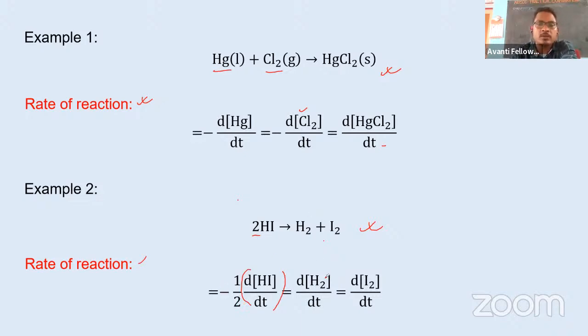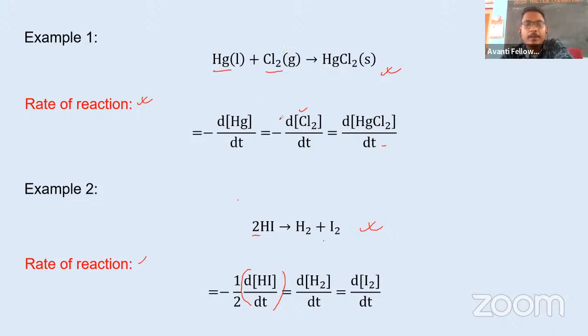For hydrogen, we write d[H2]/dt, and for iodine, d[I2]/dt. Simple. The rate or speed of the reaction with respect to reactants and products, we can write by simply dividing by the coefficient. I hope you understand this simple concept. Or do you have any doubt? Tell me, so that we can discuss.